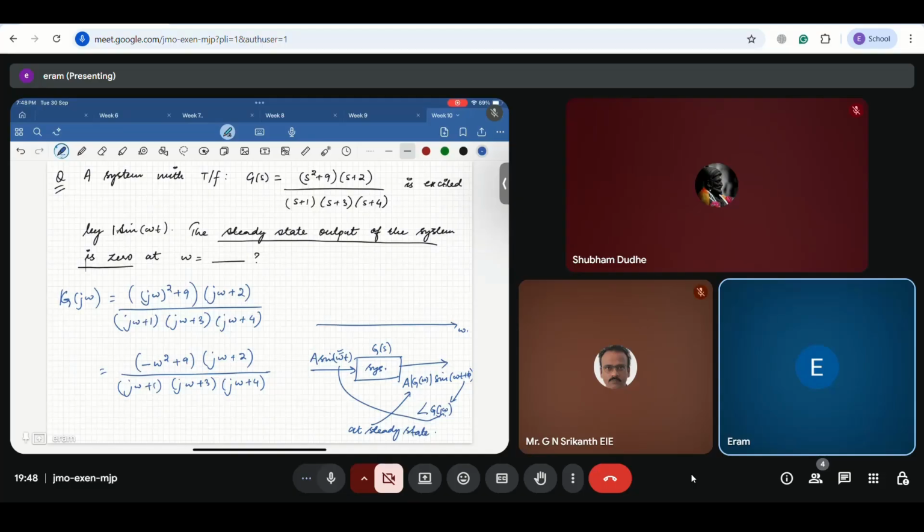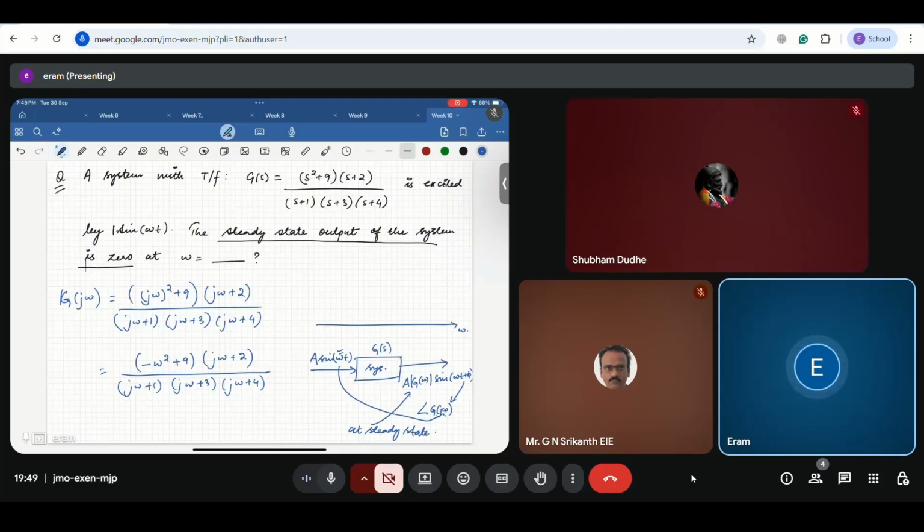So this response will be zero only when the magnitude of G at the omega of the input, that is the magnitude of G calculated at this frequency, is 0. Okay, so that's the only possible way where we have this response equal to 0, correct?